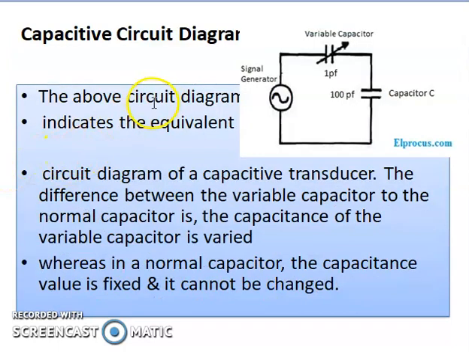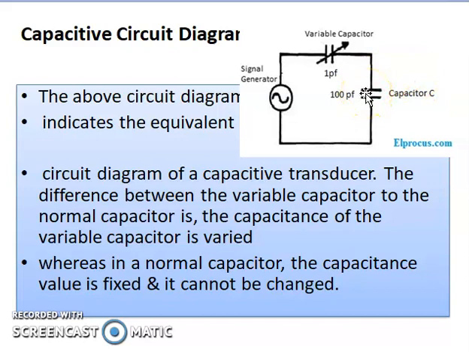The above circuit diagram indicates the equivalent diagram of a capacitive transducer. In the circuit diagram of the capacitive transducer, the difference between the variable capacitor and the normal capacitor is that the capacitance of the variable capacitor is changed, and the capacitance of the fixed capacitor is fixed.